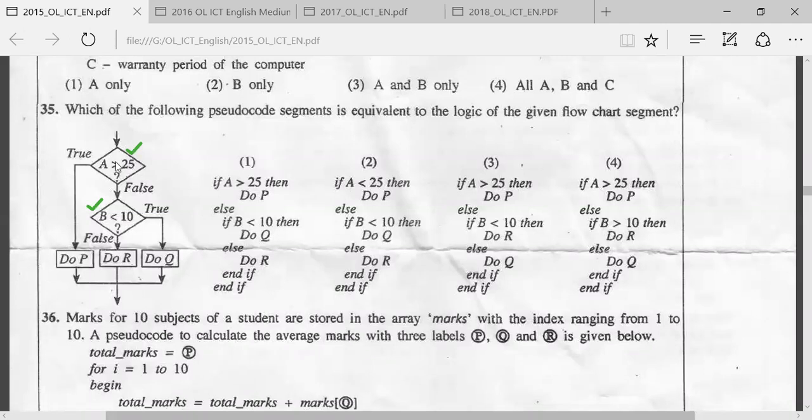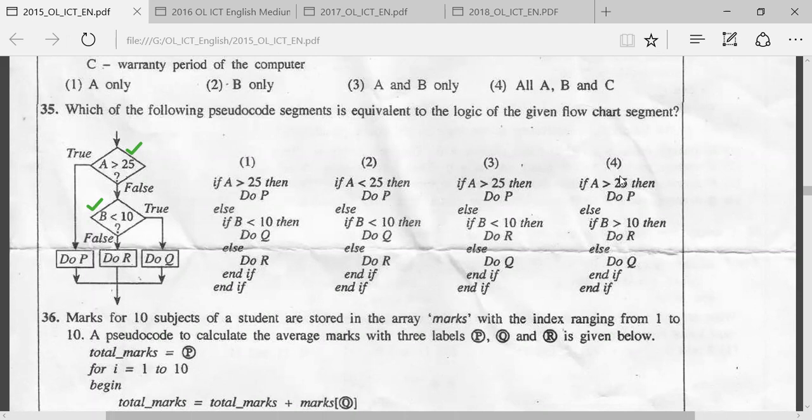So we will consider a greater than 25, question mark. So we have to convert it as if a greater than 25, then. Why? For the selection, when we have an if condition, after the condition we will put the then command. So if a greater than 25.